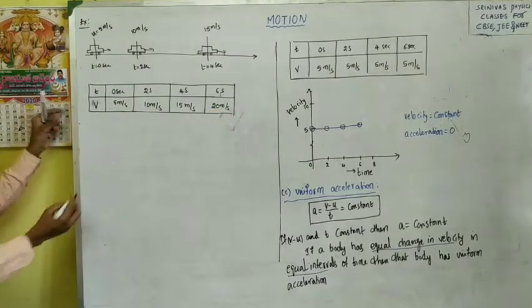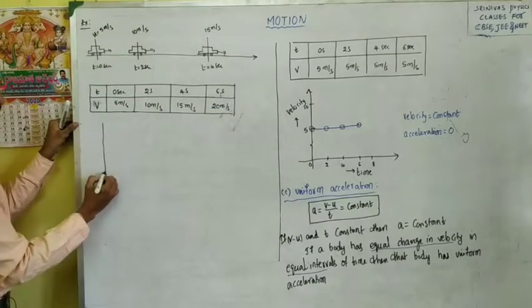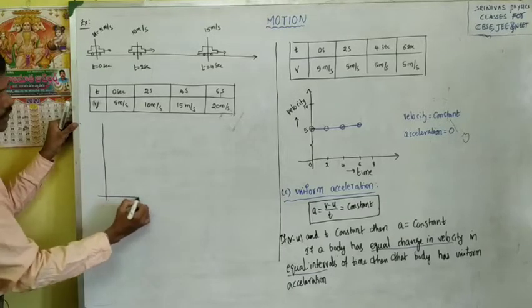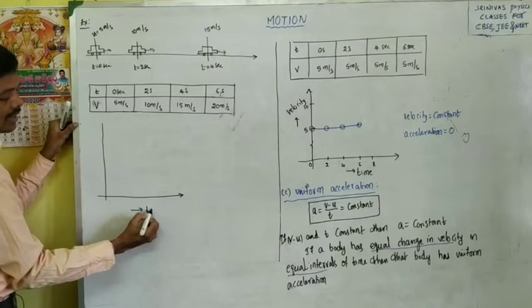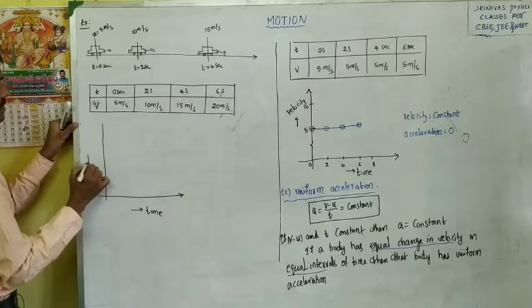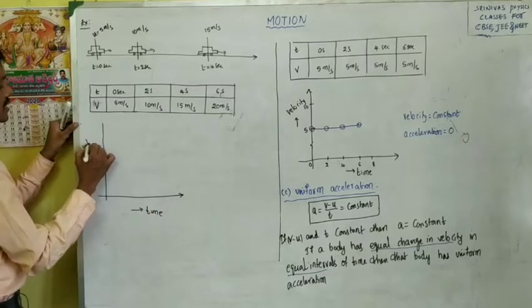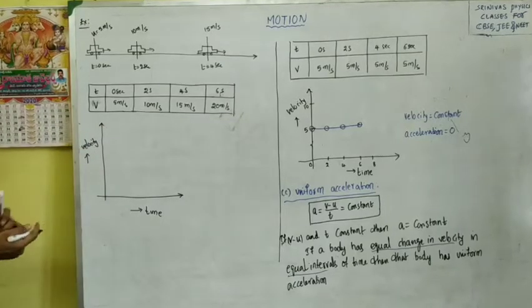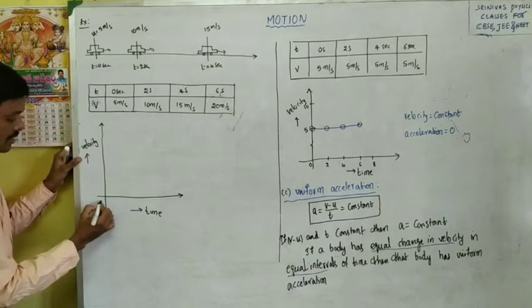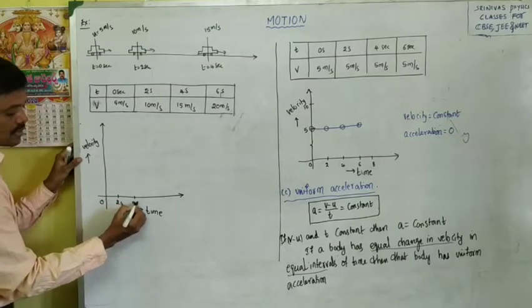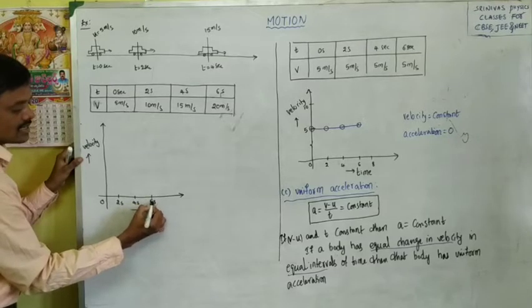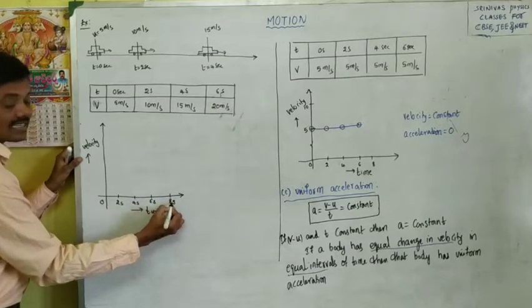Now let us draw the graph by taking the values. What we have to do here is take time on the x-axis and velocity on the y-axis. Now time we will take as 0, 2 seconds, 4 seconds, 6 seconds, 8 seconds, where s is second.